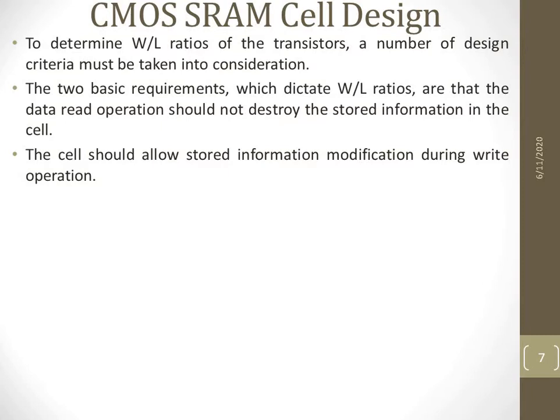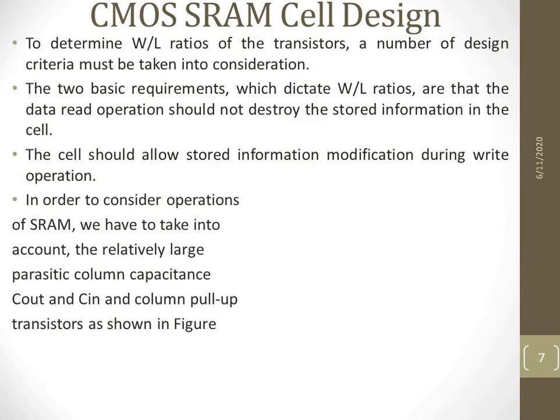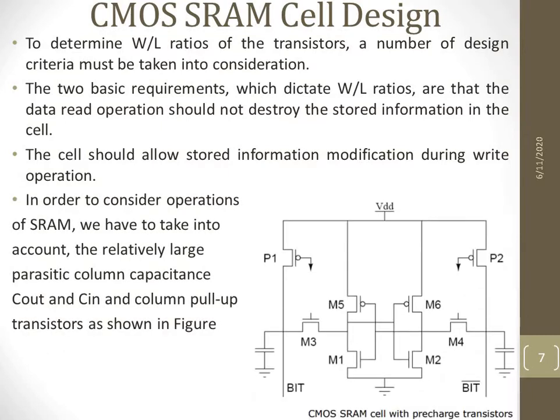These two should be acceptable whenever we try to calculate the size of the transistors. In order to consider operations of SRAM, we have to take into account the relatively large parasitics, that is Cout and Cin and column pull-up transistors, which are shown in the figure.